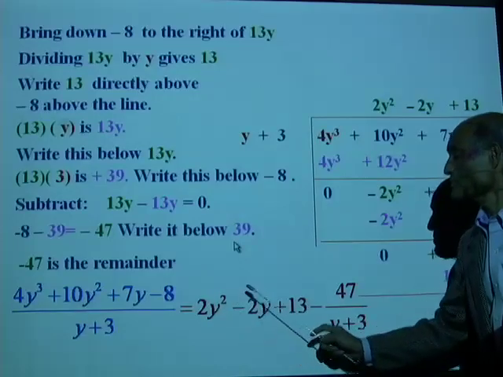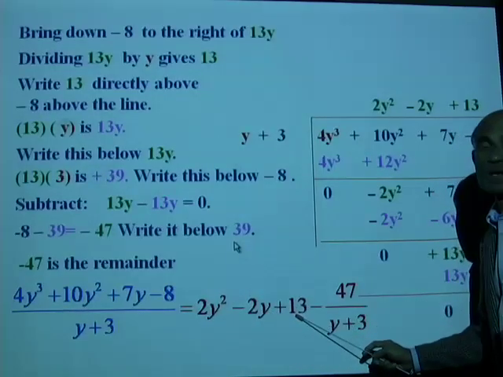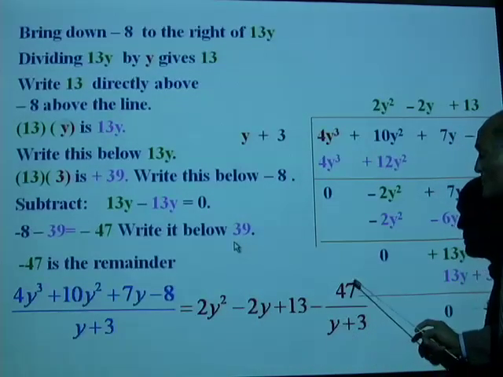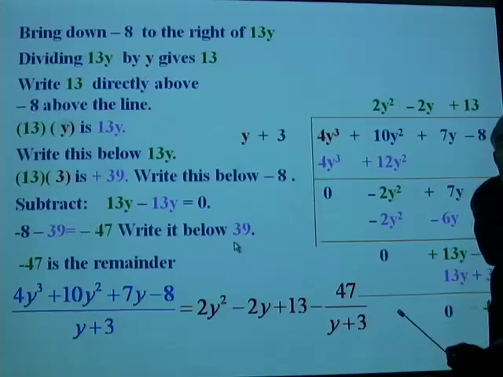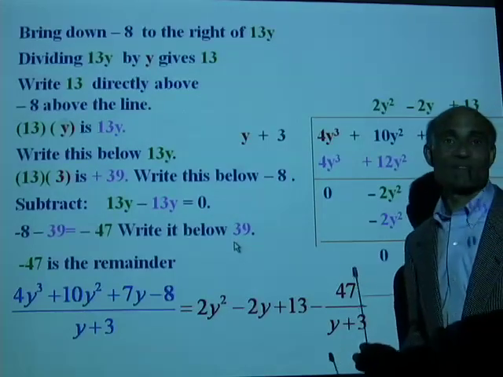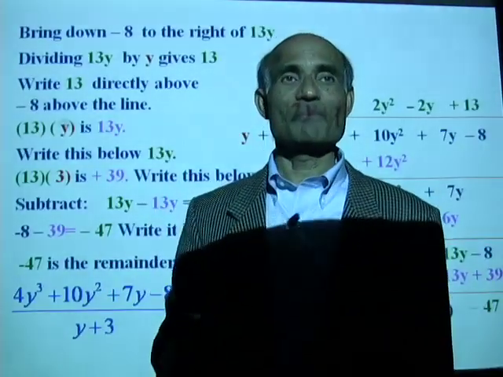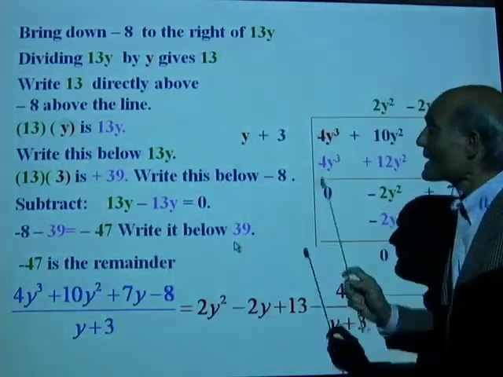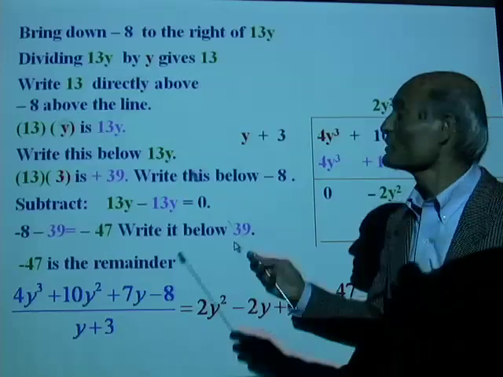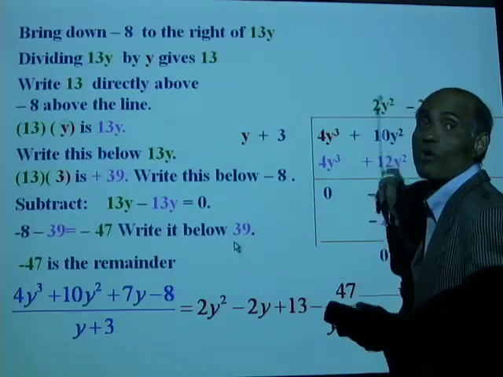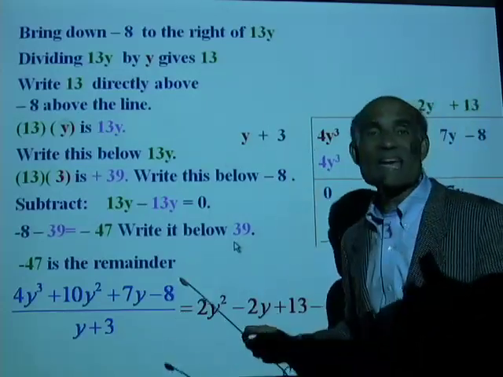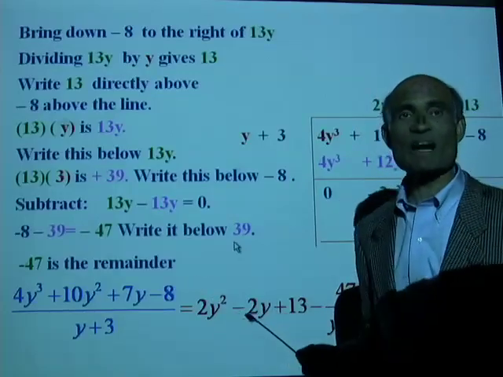It is 4y squared minus 2y plus 13 minus 47 over y plus 3. I actually did one like this with you about 2 lessons ago. Now, this skill is important for us to divide a given polynomial by a binomial factor.